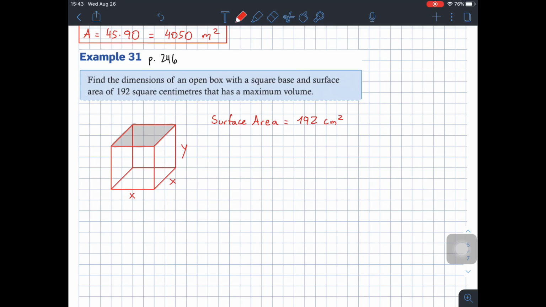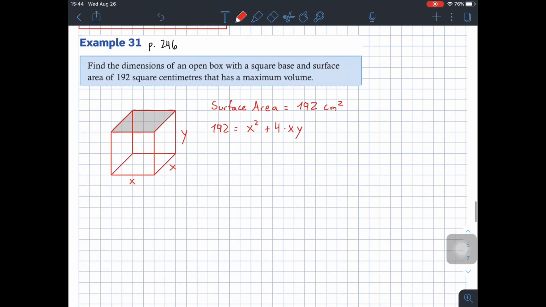So basically the surface area, which is 192, is equal to x squared, which is the bottom area, plus 4 times x times y, which are the lateral areas of this particular box. Okay, let me fix this 4, which is a little bit ugly. There. Okay, so this is our constraint. Let me write here, constraint.